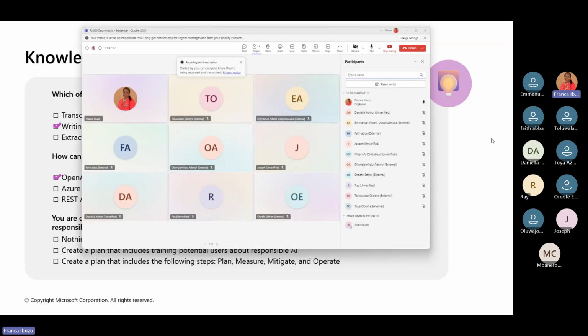Can we have somebody that hasn't spoken in this class? We have Toya, we still have 10 people in this class. Toluwa Lashe, Ray Ofe, Toluwa Jumiloju, Mbanefo, Joseph, Faith. Who read the last one? Daniela. I know I've been hearing Emmanuel's voice, but I need to hear other people's voices.